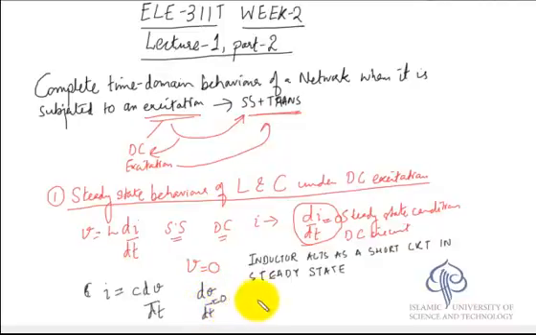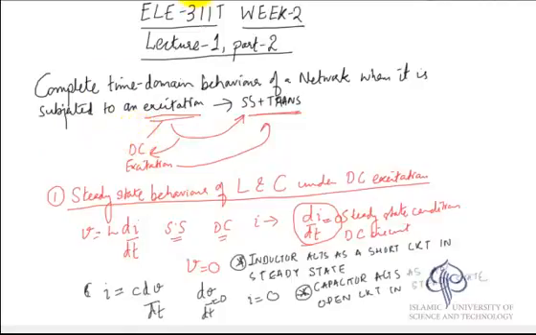You don't expect any rate of change in the variables, so you expect the current in the capacitor to be zero, and that's why we say that the capacitor acts as an open circuit in steady state. So these two things we have to remember, because we'll need this to solve the circuits that we're talking about.